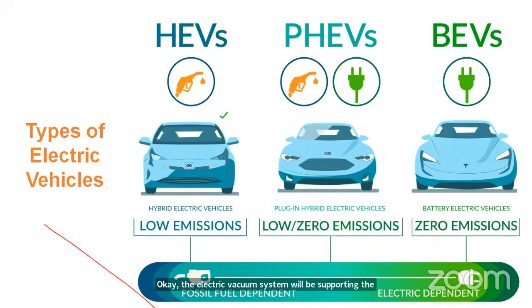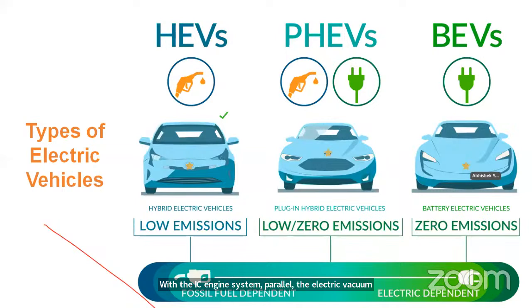For example, if you are climbing a hill or a flyover, or if you require high power in any situation, for example you have to race, drag your vehicle, or speed up your vehicle, in all those situations, in parallel with the IC engine system, the electric vehicle system will give assisting power.